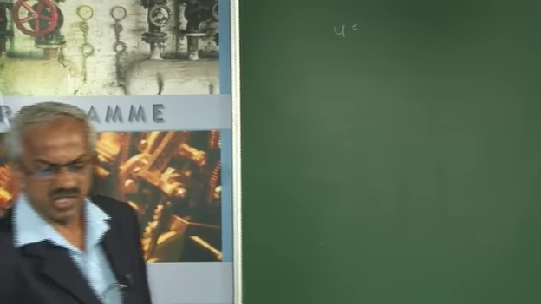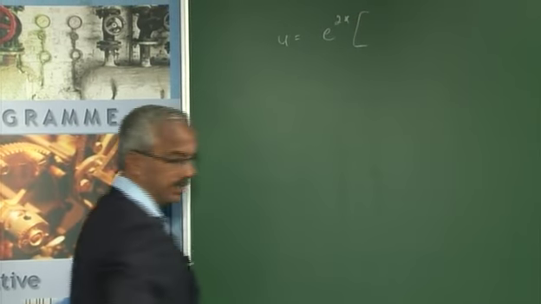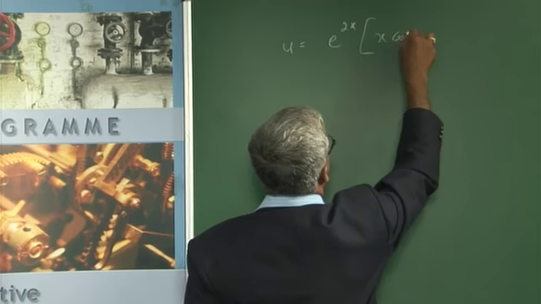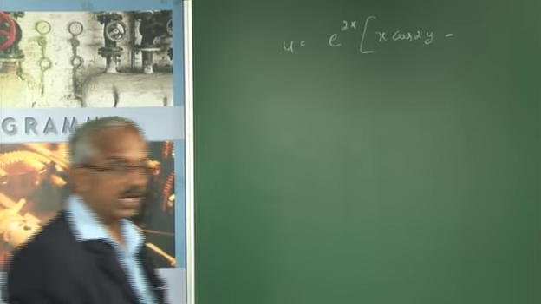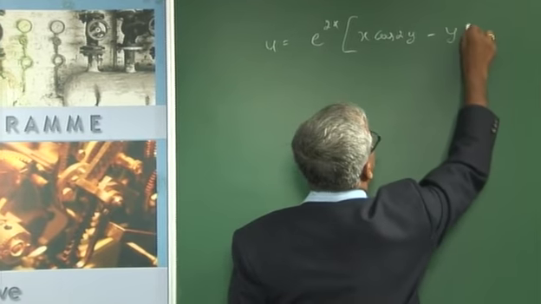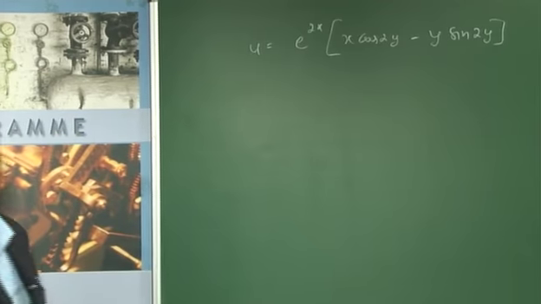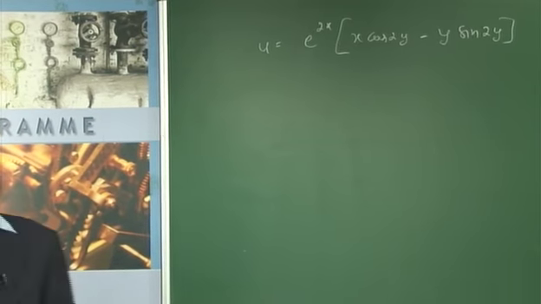U is equal to e power 2x into x cos 2y minus y sin 2y. So, u is given and we need to construct the analytic function. To construct the analytic function, we have to find the other part v from this function.